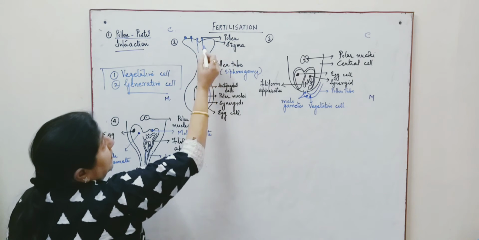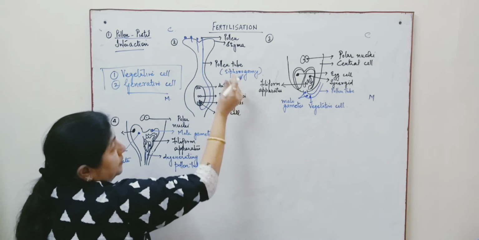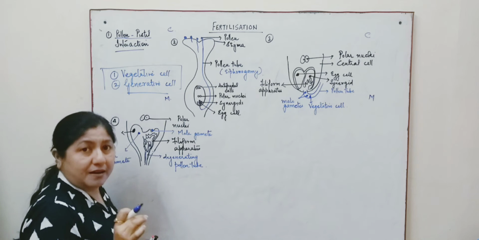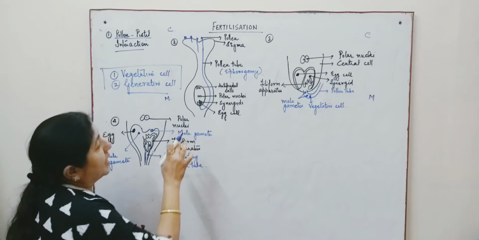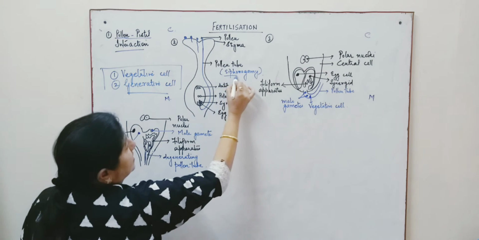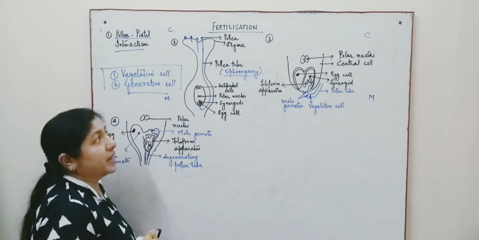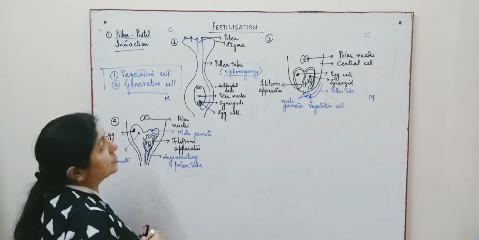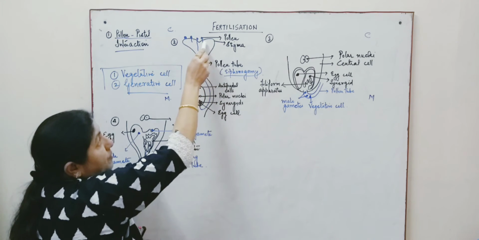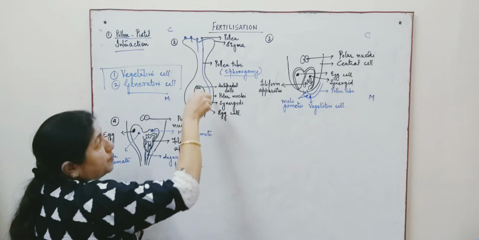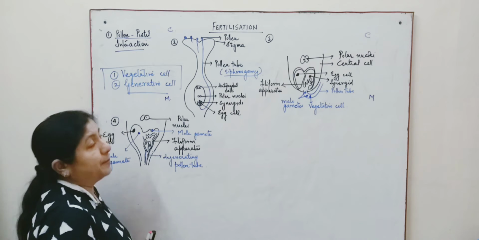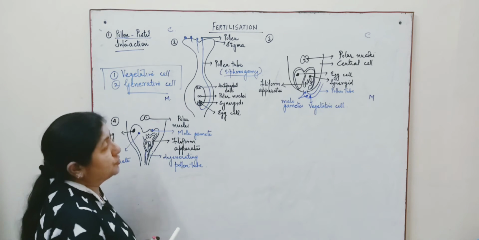Since in fertilization the male gametes are carried to the female gamete with the help of a tube, we call it a process known as siphonogamy. This is the term given when the male gametes are carried from the pollen to the egg cell with the help of a tubular structure. So siphonogamy happens in case of angiosperms.